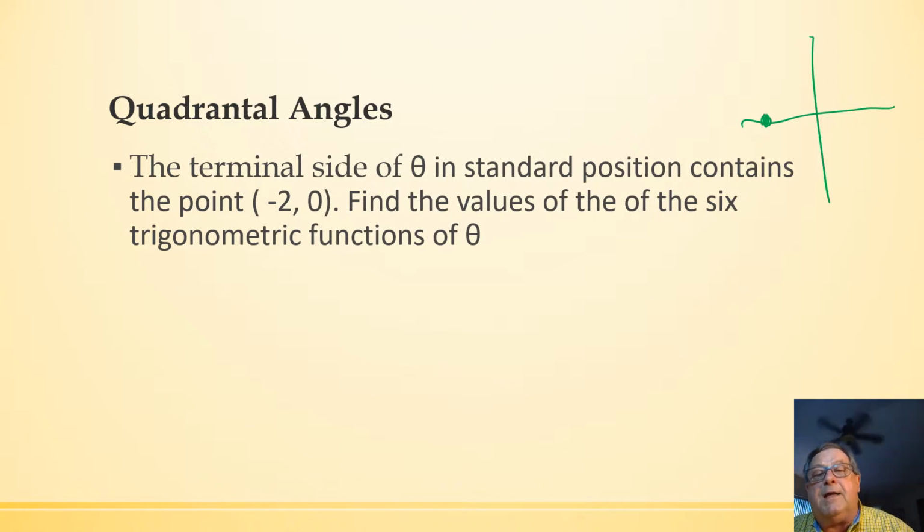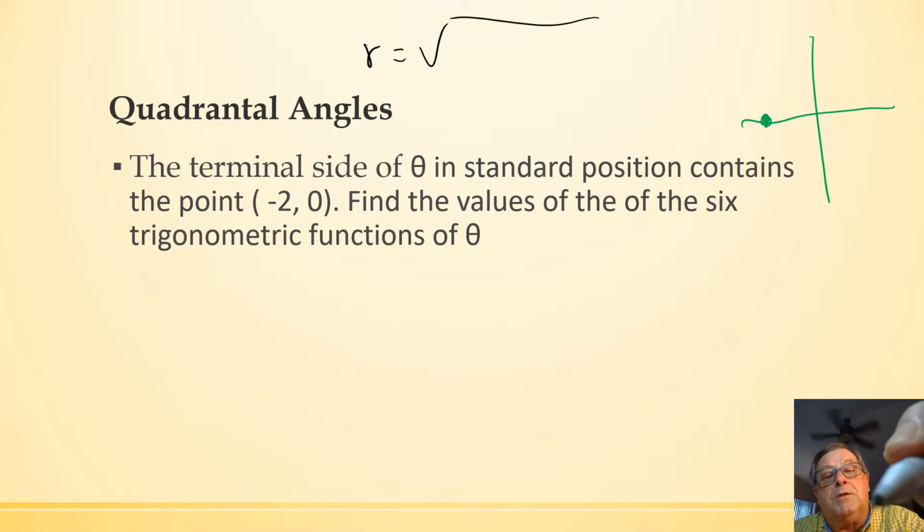Now, if I were to take the Pythagorean theorem to find the value of r, let's just plug that in, because we've already discovered that r equals the square root of x squared plus y squared.